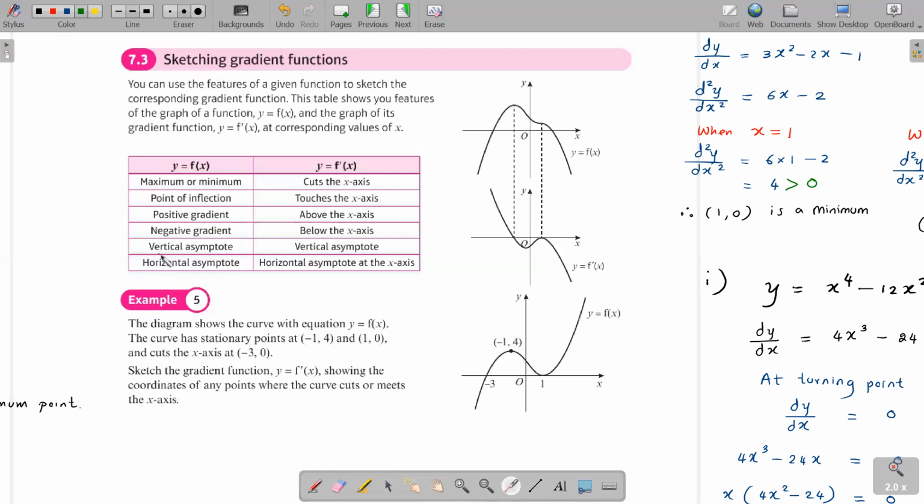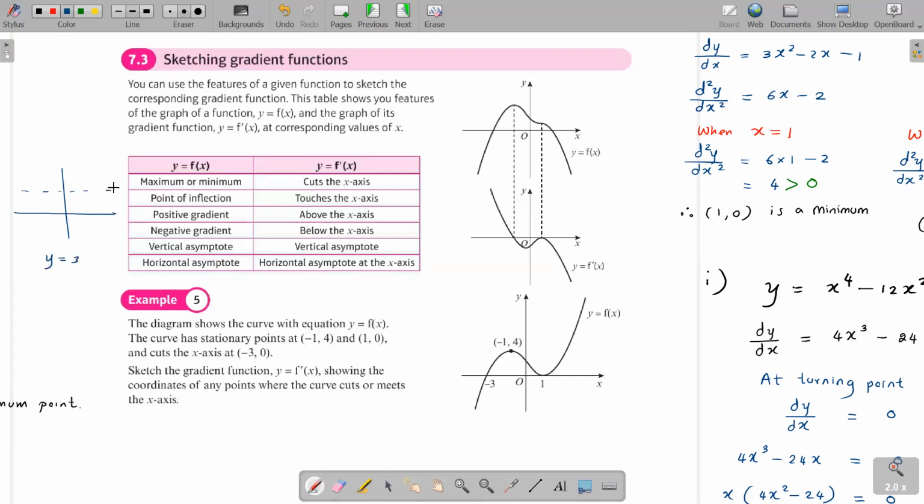And then they have given you some clues here. Vertical asymptotes are going to be vertical asymptotes. They won't change. And then for horizontal asymptotes, what do they say? A horizontal asymptote becomes the x-axis. Horizontal asymptote means it's a flat line, like y equals 3.